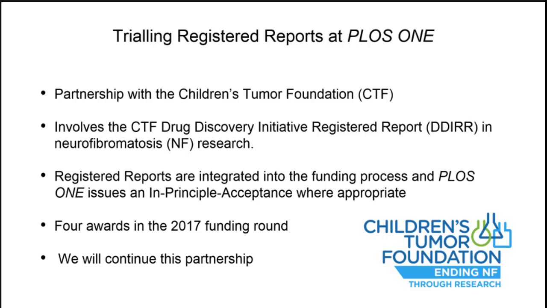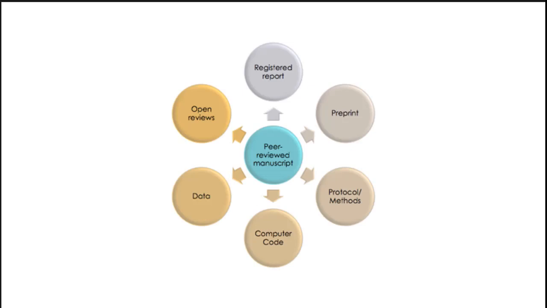So we will continue with this partnership, and I find the possibility of implementing registered reports exciting, because for those areas where it is relevant, it will definitely improve the reproducibility, it will combat publication bias, and will improve the research output. So finally, this is just the way that I see it, similar to what Michael was saying, there's an entire ecosystem beyond the paper itself that is emerging.